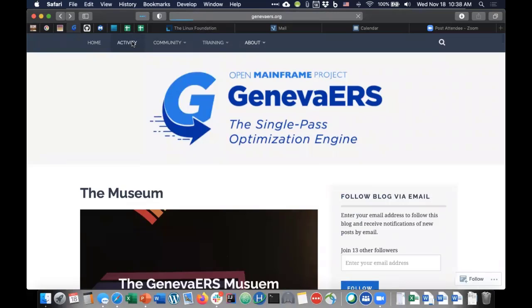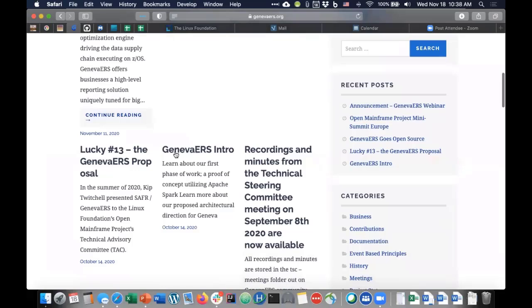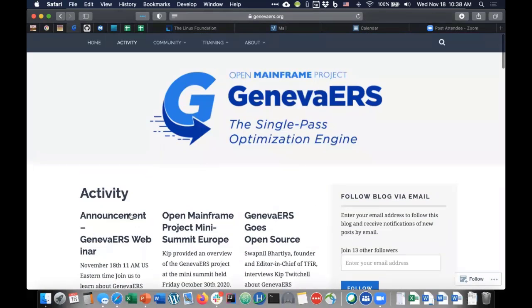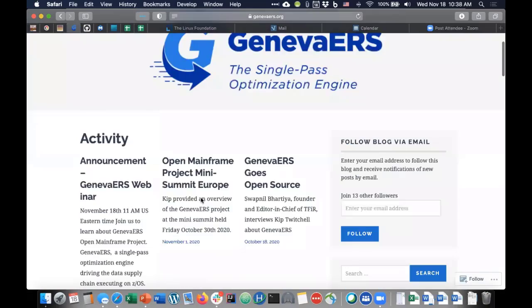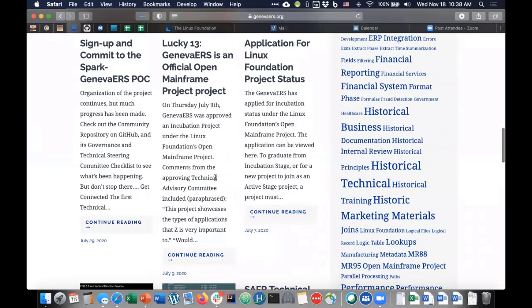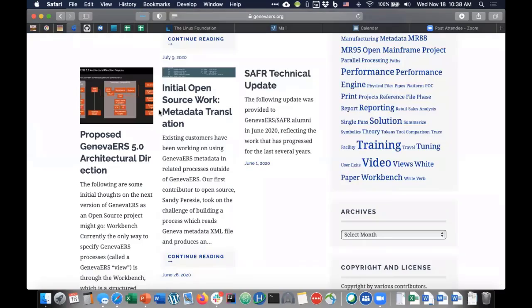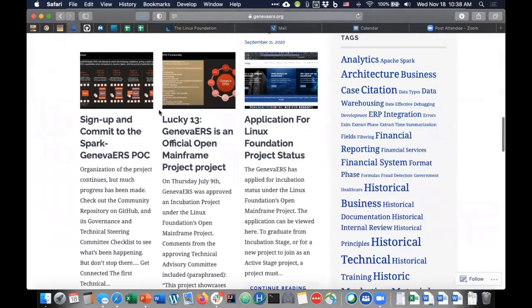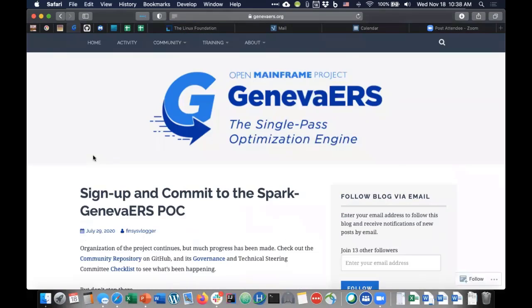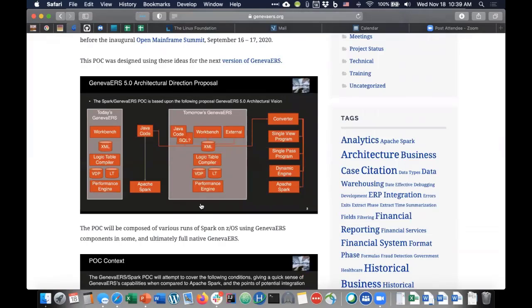We're looking at how we can integrate with the processes of Apache Spark, and how the processes can effectively work with Apache Spark to make it a more efficient processing engine. And so integrating GenevaERS with Spark is something we want to drive more effectively too.